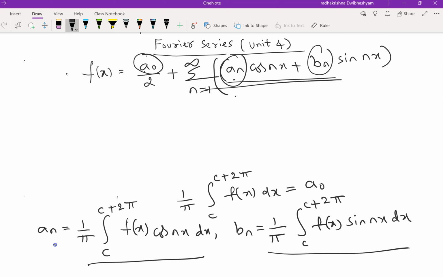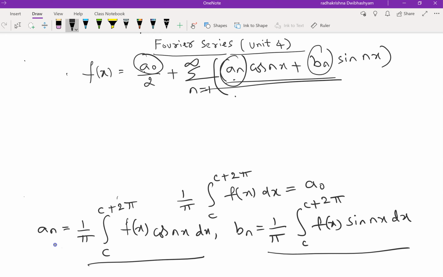So, these are the formulae to get the Fourier series. If any function is given, then using these three formulae, first you have to obtain the values of a naught, an and bn, then write this Fourier series.